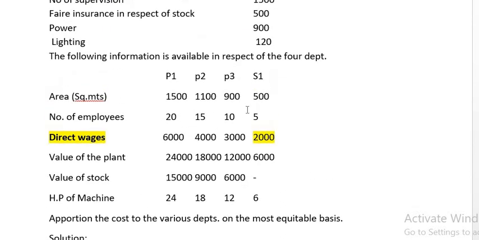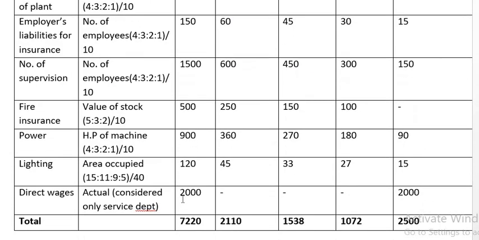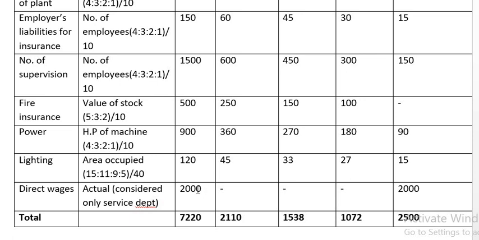It is given in the service column only, so the service column is 2000. We write the total column as 2000, and the same 2000 for the actual basis. We show it as 2000 rupees under the service department, and we will not distribute it to the production departments.